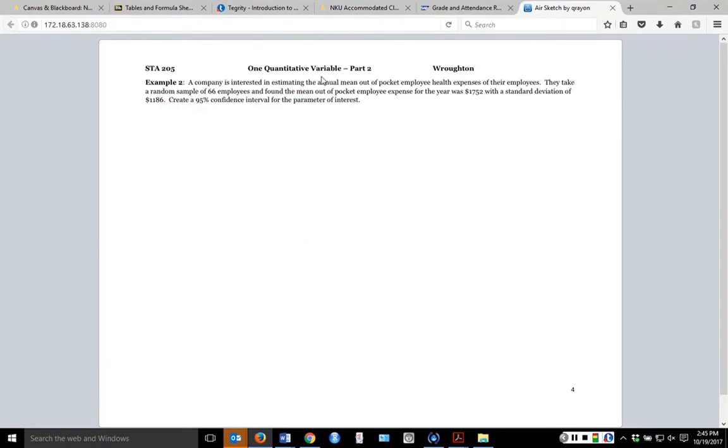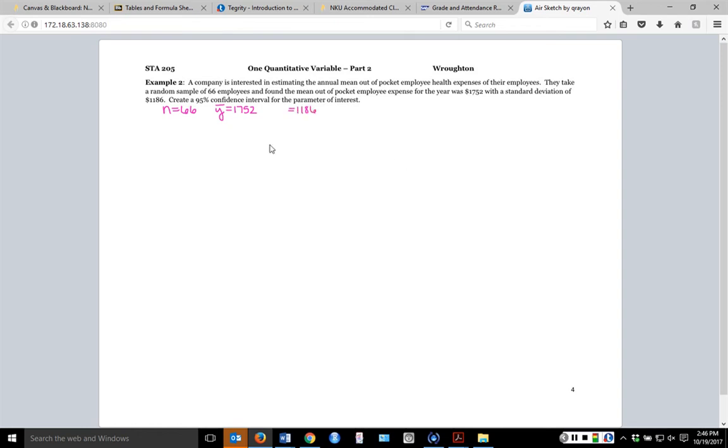A company is interested in estimating the annual mean out-of-pocket employee health expenses of their employees. So they take a random sample of 66 employees and found the mean out-of-pocket employee expense for the year was $1,752 with a standard deviation of $1,186.